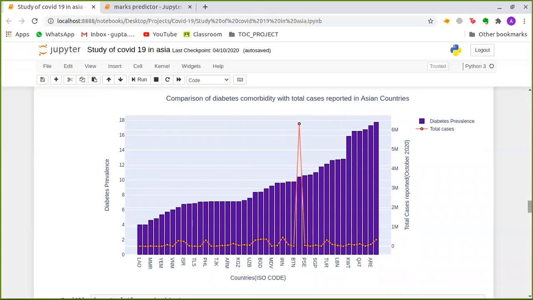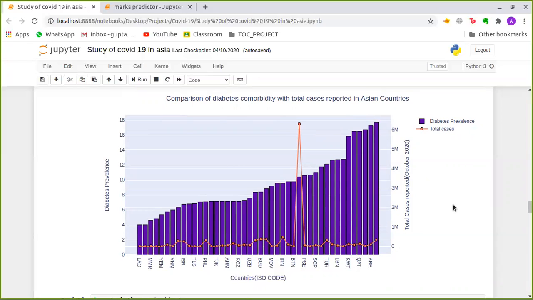Then there is a comparison of diabetes comorbidity. Since cardiovascular diseases and diabetes are two well-established comorbidities with COVID-19, I tried to visualize the prevalence of diabetes comorbidity in Asian countries.